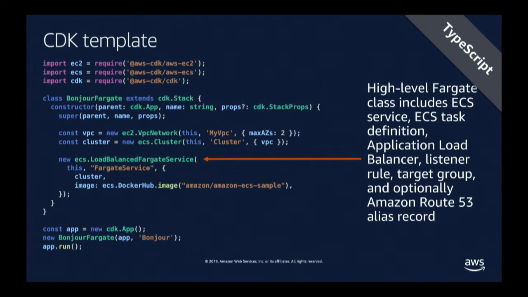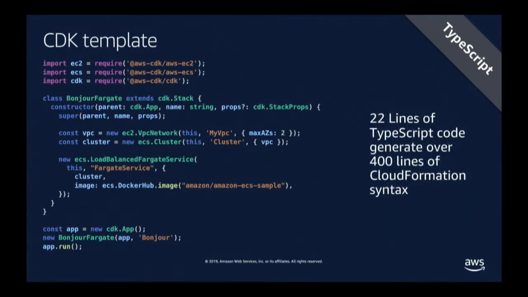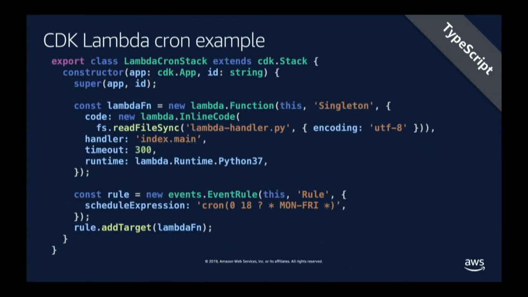Means, hey, take that Docker image from Docker Hub and publish that as a service on Fargate with a load balancer in front of it. So it takes like 20 lines of code, 22 lines of code to generate more than 400 lines of CloudFormation and to create a fully available, redundant, multi-data center or multi-availability zone load balanced service with Docker and Kubernetes.